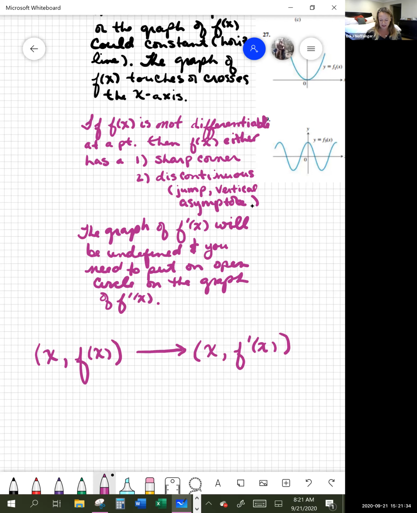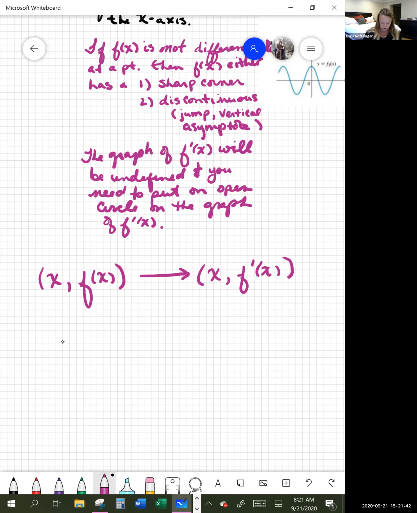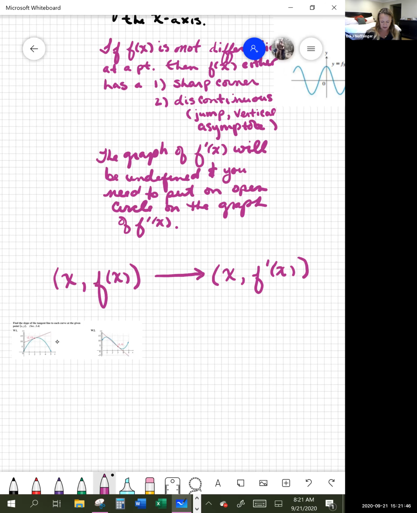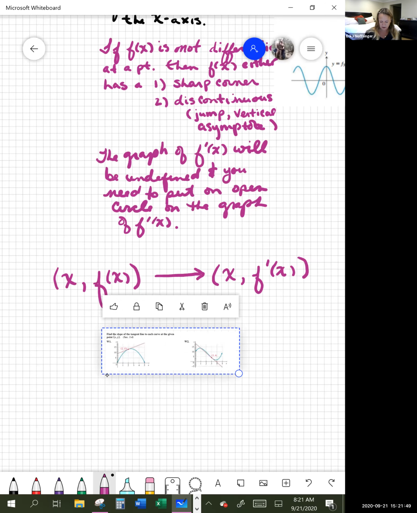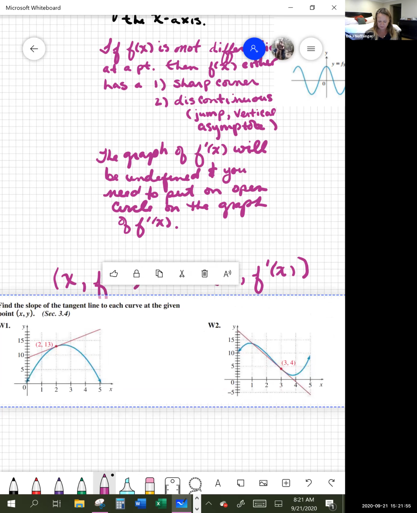So maybe we can take that one example that we just had. I'm wondering if I could actually copy it. I did. And see if we can graph the derivative function of this first piece.